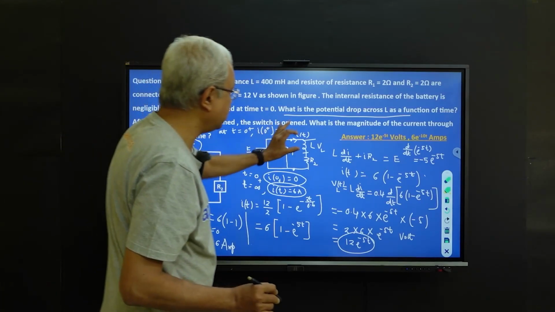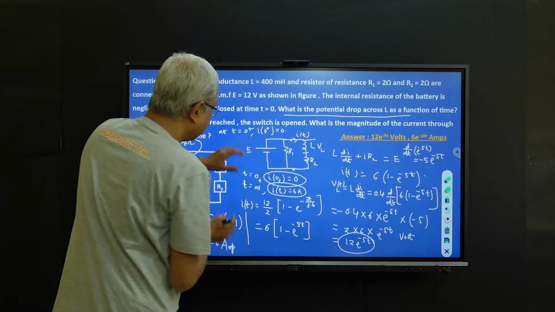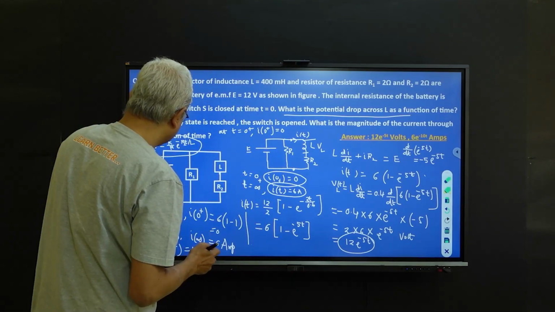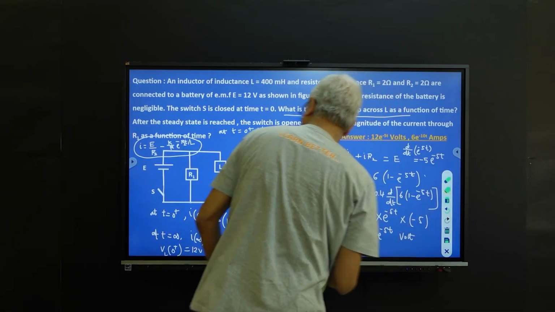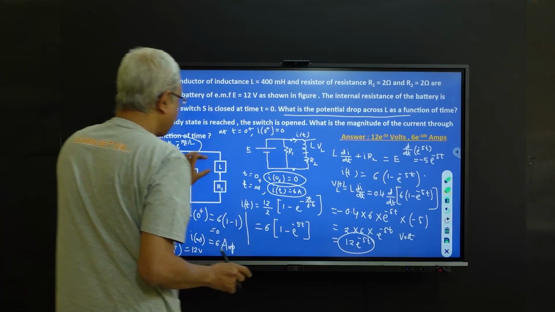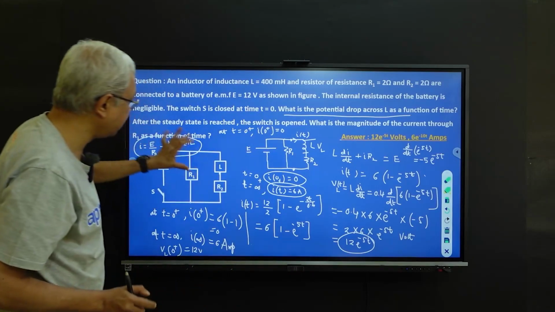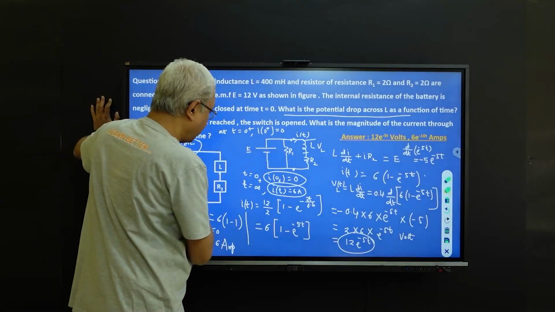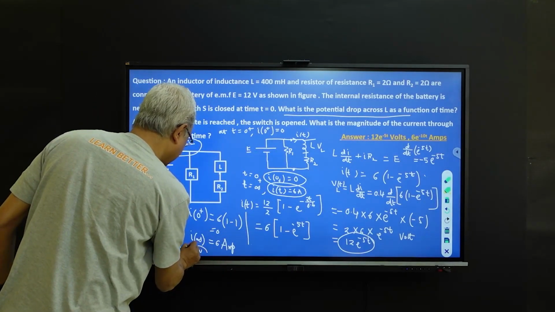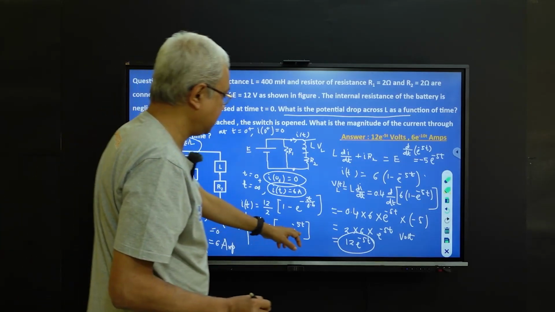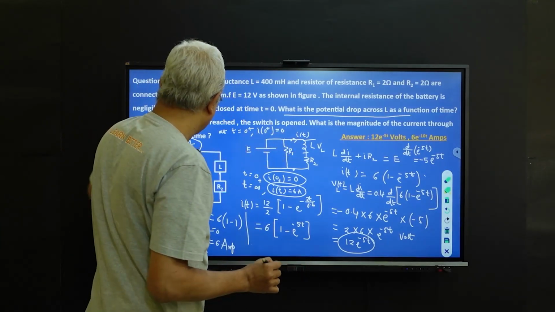What we discussed qualitatively: when the switch was made on, the entire voltage was appearing across L because L was behaving as an open circuit. So at t equal to 0 plus, it is 12 volt only.